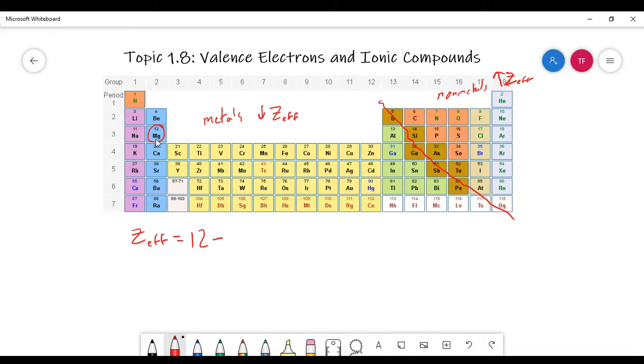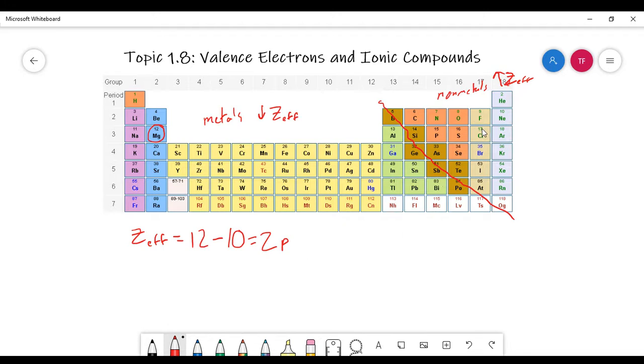So all the rest of the electrons are core electrons. So if there were 12 electrons, 10 of them were core electrons because 2 were valence electrons. So the effective charge on magnesium is 2, meaning that the valence electrons are being pulled on by 2 protons in the nucleus. The other 10 protons are being blocked or shielded by the core electrons.